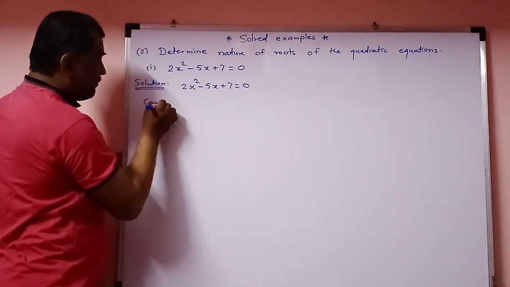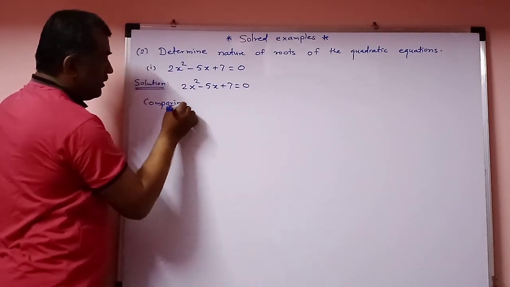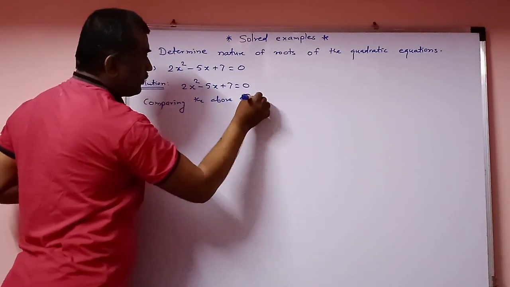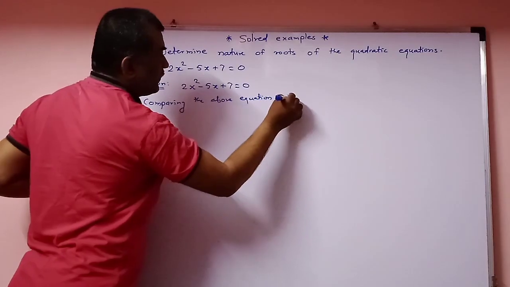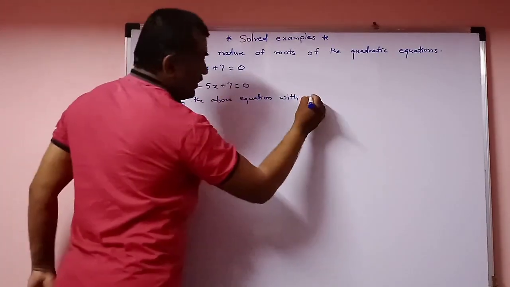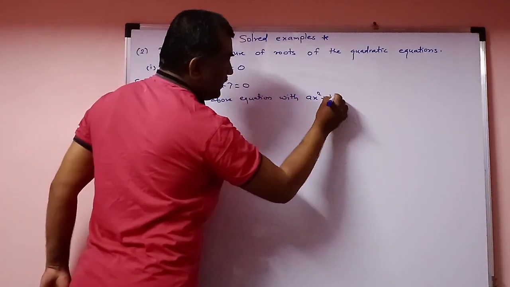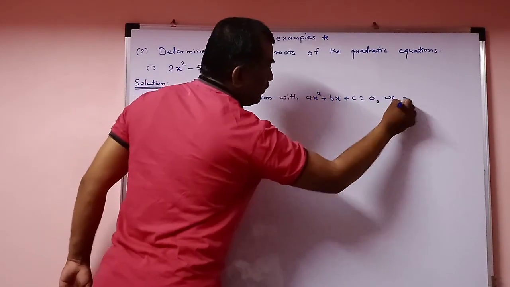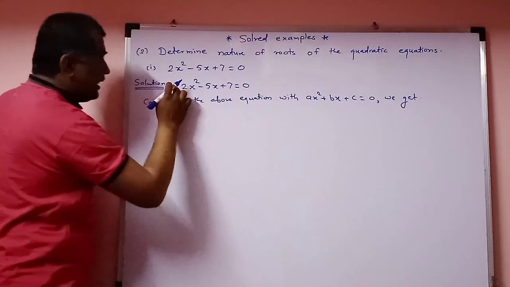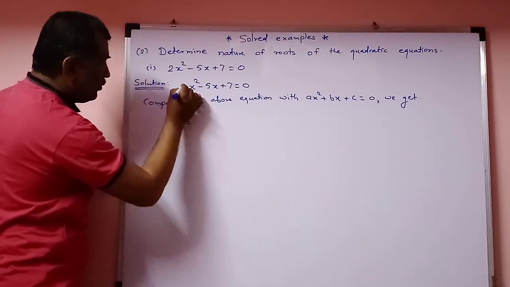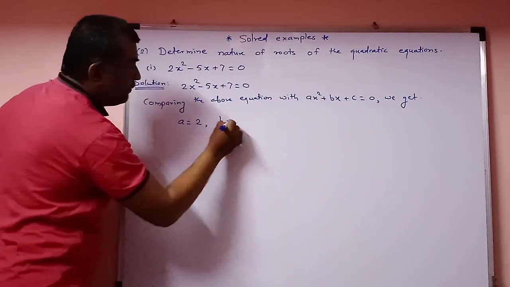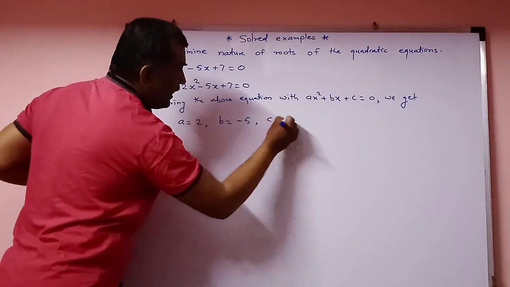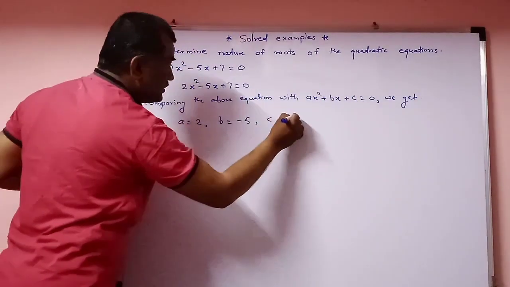Comparing the above equation with ax square plus bx plus c is equal to 0, we get a is equal to 2, b is equal to minus 5 and c is equal to 7.